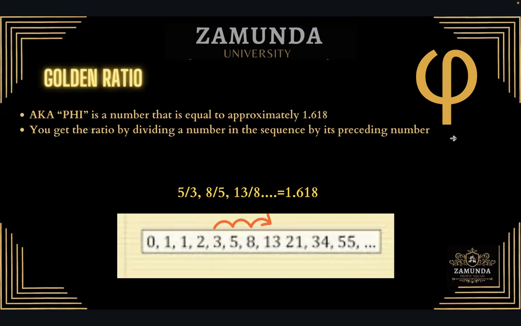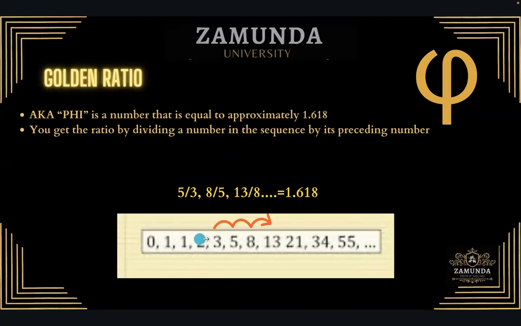Within the Fibonacci sequence, you have something called the golden ratio. This is also known as phi. Phi is a number that is equal to approximately 1.618. You get this ratio by dividing a number in the sequence by its preceding number.